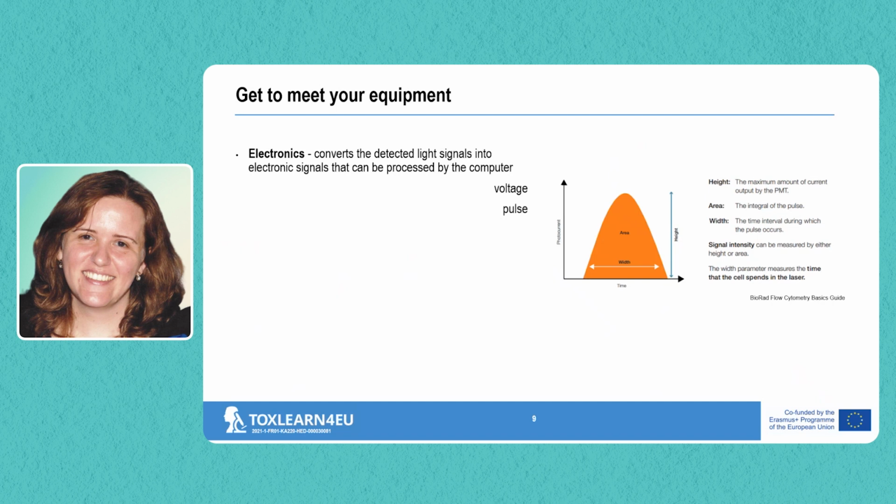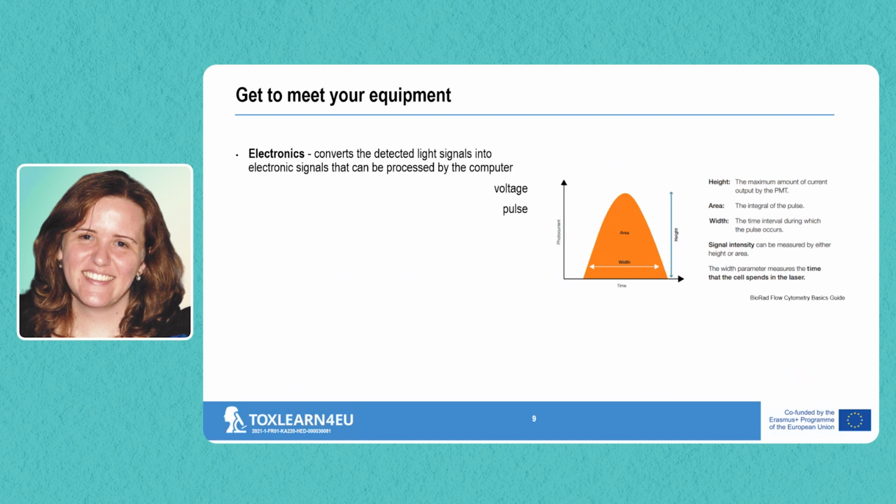So what we can consider for these pulses is height and area, and this will give us the information about the intensity. But we can also consider the width. The equipment will also tell you the width, but this is related to the time during which the pulse occurs.